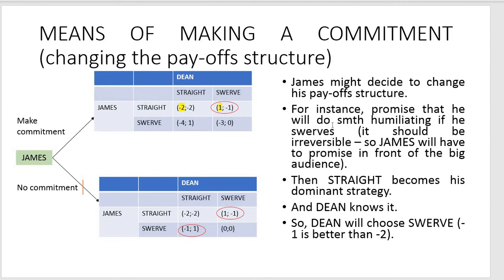So instead of this entire game, we can just cross this out and we are left with this. And then for Dean, obviously, it's better to swerve and get -1 than to go straight and get -2. So again, we end up with this solution when James is a winner and Dean is a loser.